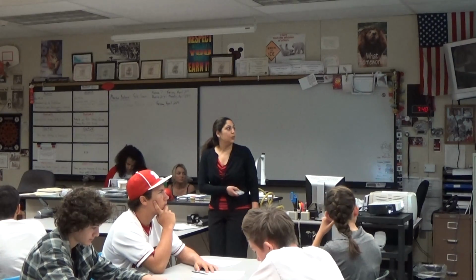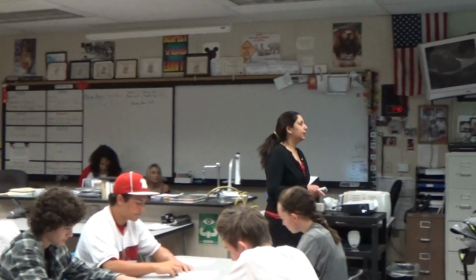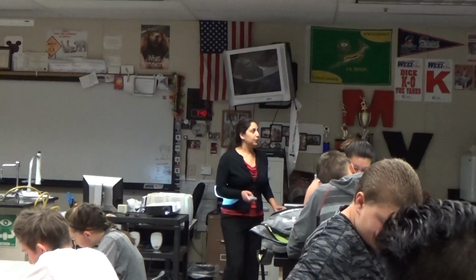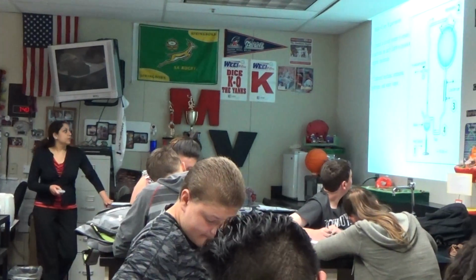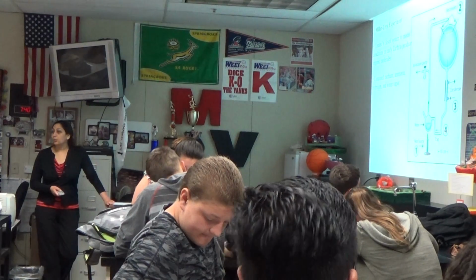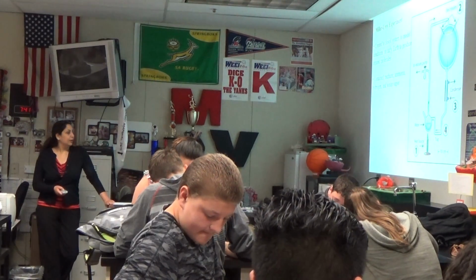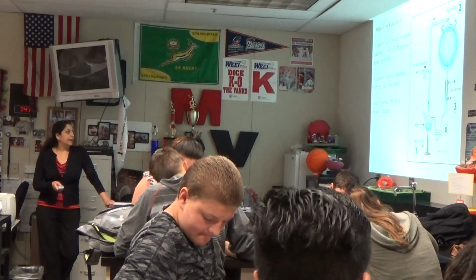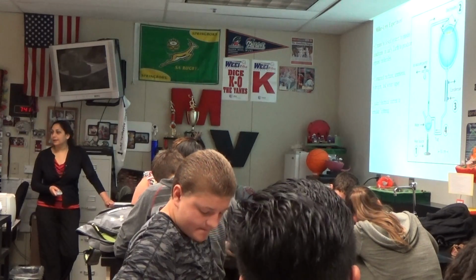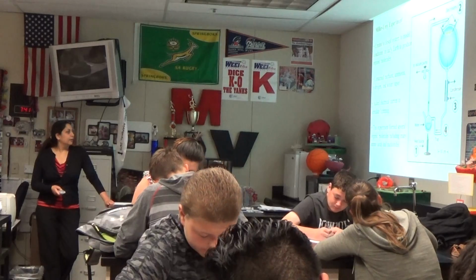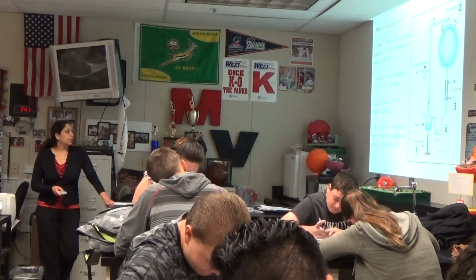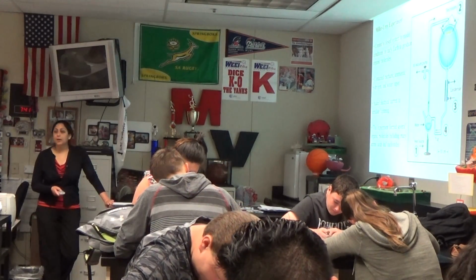So they created a closed system to model conditions on early Earth to produce organic molecules. Again, they knew that there was methane, ammonia, hydrogen, and water vapor. They added the electrical current to simulate lightning. This experiment formed several organic molecules, including many amino acids.